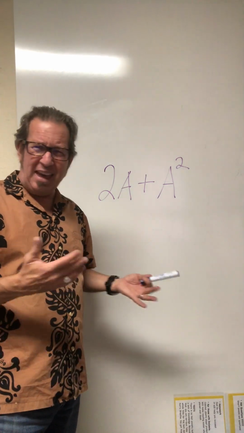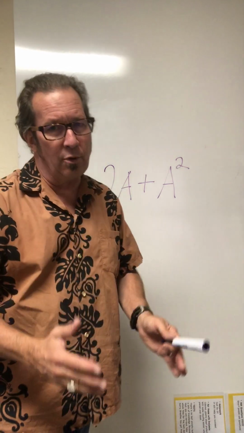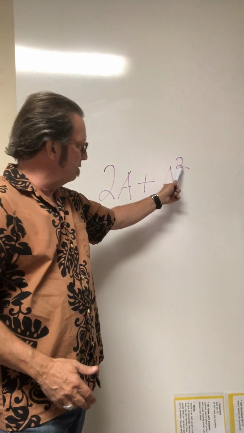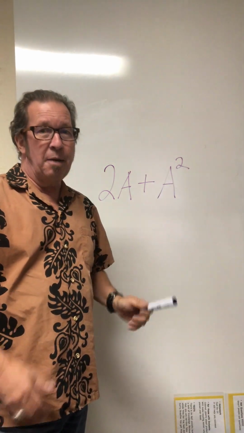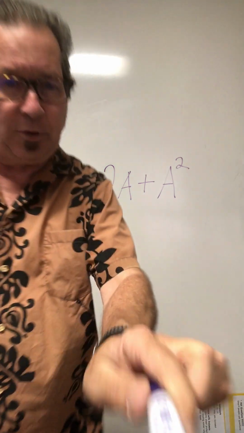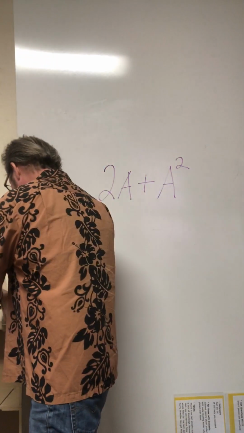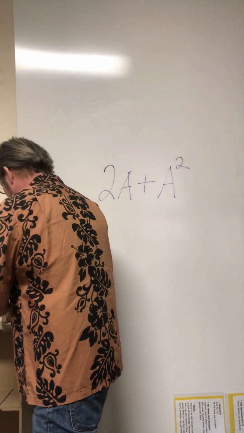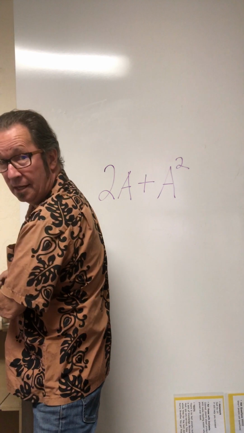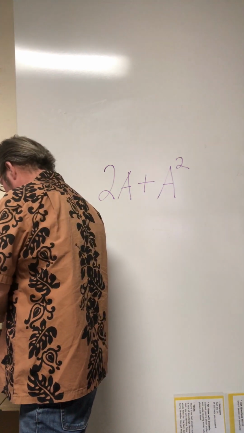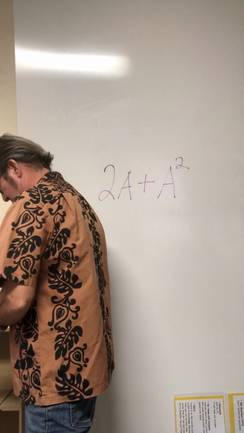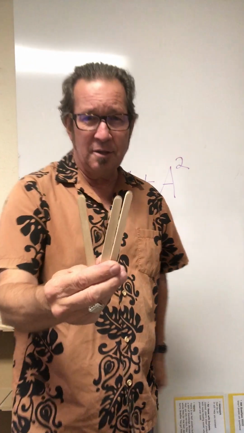And you go, well, they're both a's, aren't they? Sort of. Now, this squared thing, we can talk about that some more, but this is how I want you to think about it. All right, ready? What are these?